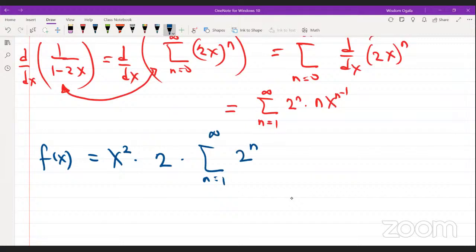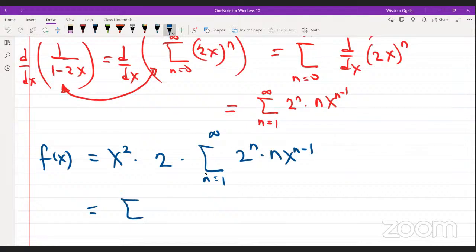Infinity, this is 2 to the power of n. Now you have to be careful. These are technical details, right? You have to take it one step at a time and make sure that you don't miss out on anything. Keep in mind that we don't want this x and these 2 to be outside. We need everything to be compact.